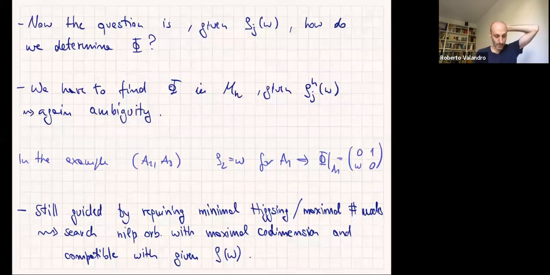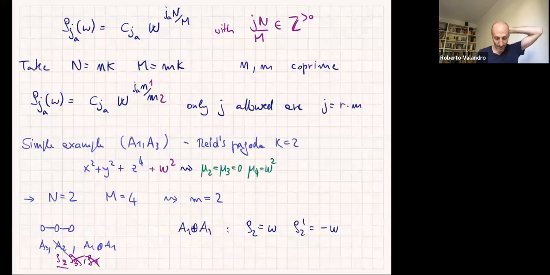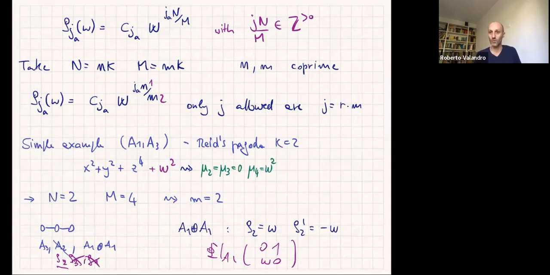Now, here we were lucky because we got just a linear rho, very simple. So we know here that the phi restricted to A1 will be of this form. But if you got, for example, W square or W2, we have several possibilities, several different phi. So again, you have to understand what are the choices of phi inside the selected subalgebra that give you the largest number of zero modes.